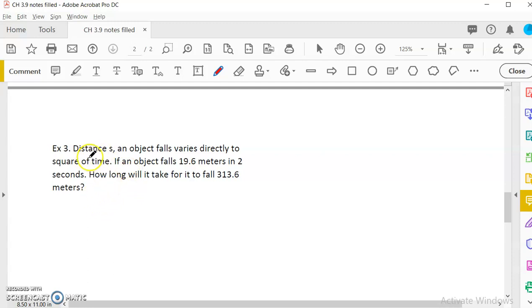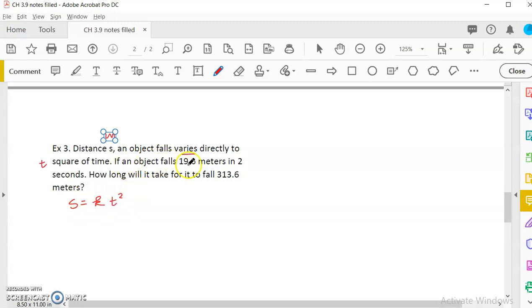Application. The distance s, they didn't say what unit it is, I think it is in meters. The distance an object falls varies directly with the square of time. There is no variable given for time, so we'll just say t. This is not joint variation, but s varies directly with the square of time.